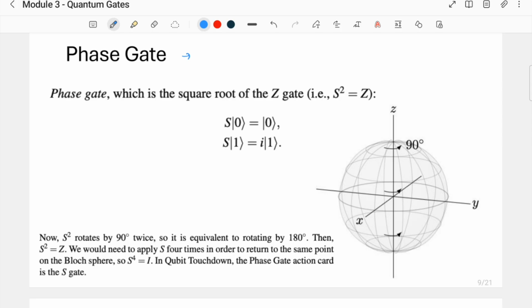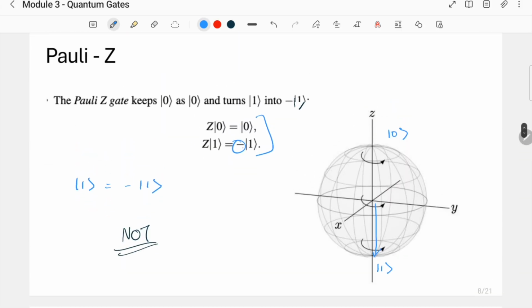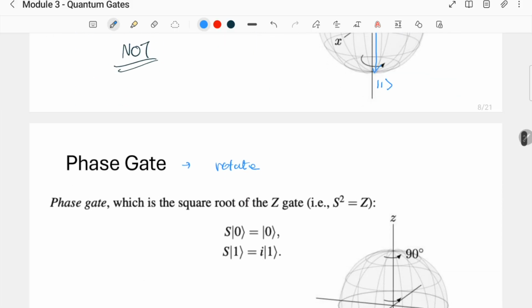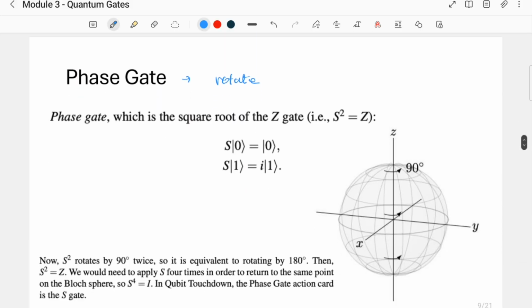All the phase gates that we are going to discuss rotate a given quantum state, similar to the Pauli X, Y, Z gates, but they will rotate around the z-axis.